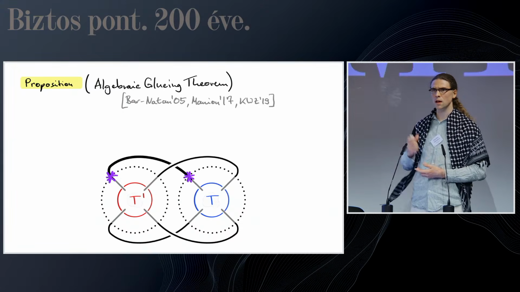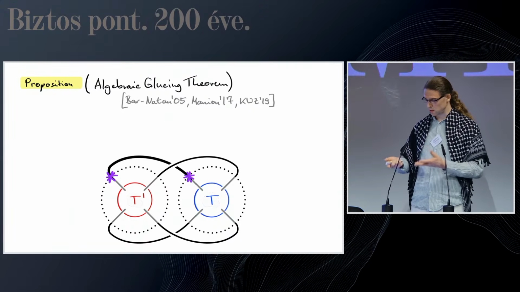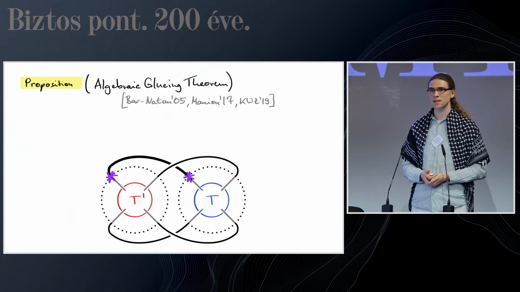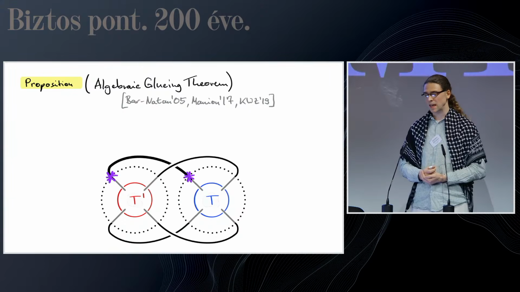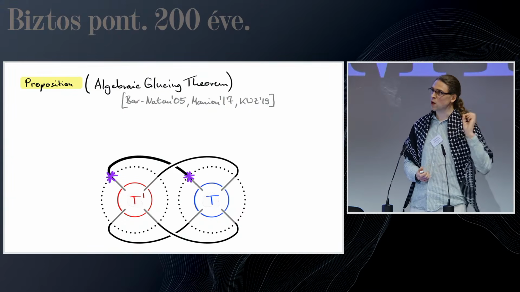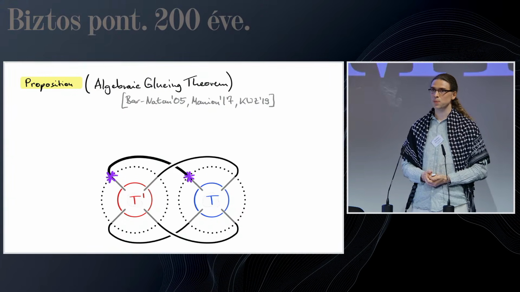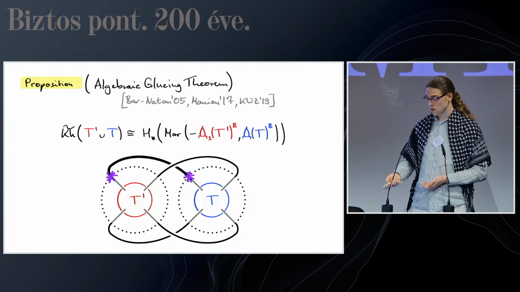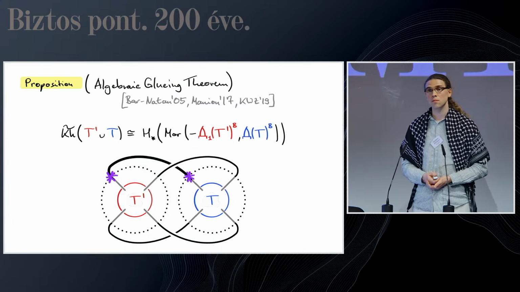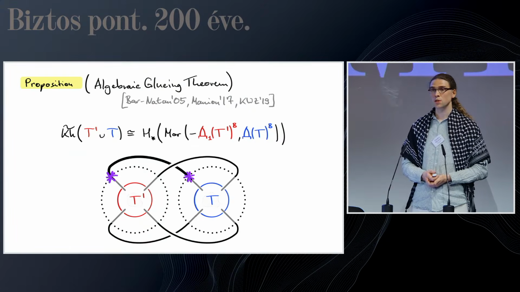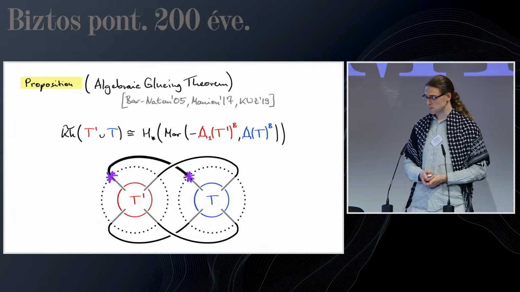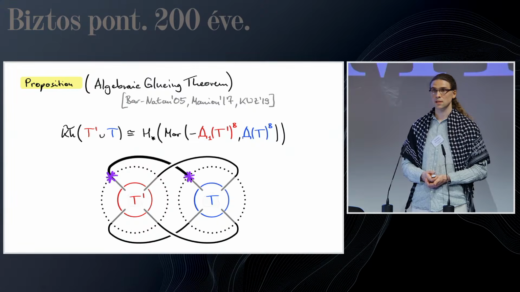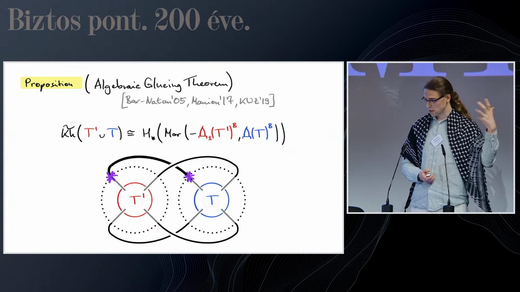I'm taking this union in a slightly complicated way, in such a way that the 2 base points are identified. So I have 1 base point on this link. And the algebraic Lewing theorem says that I can recover the reduced Khovanov homology of this based link as the homology of the morphism space between these 2 chain complexes associated to the tangle T prime.